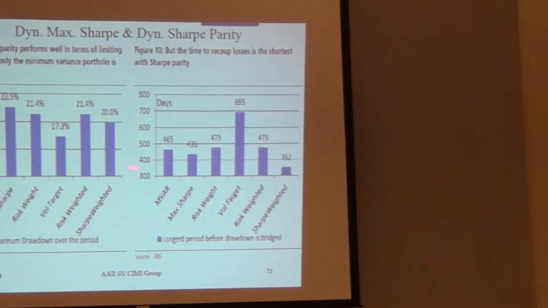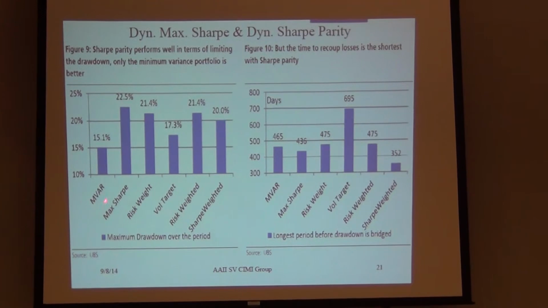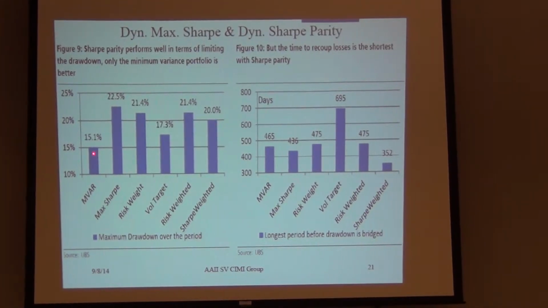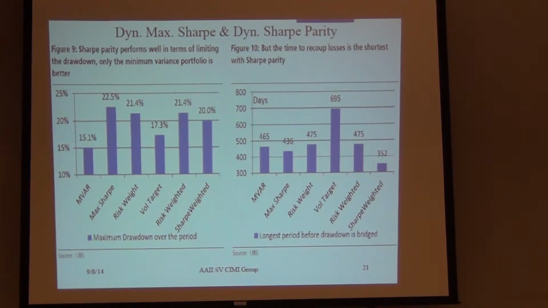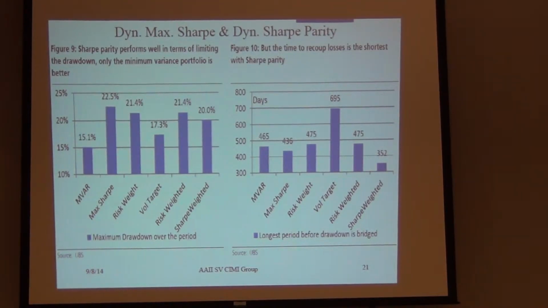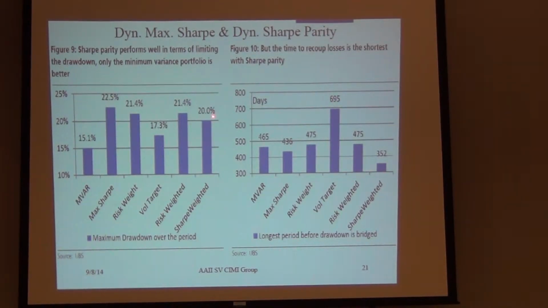Here are some statistics in terms of drawdown. MinVar, for example, in a different time period, had a 15% drawdown. The Sharpe weighted had a 20. So you pay more for that gain.